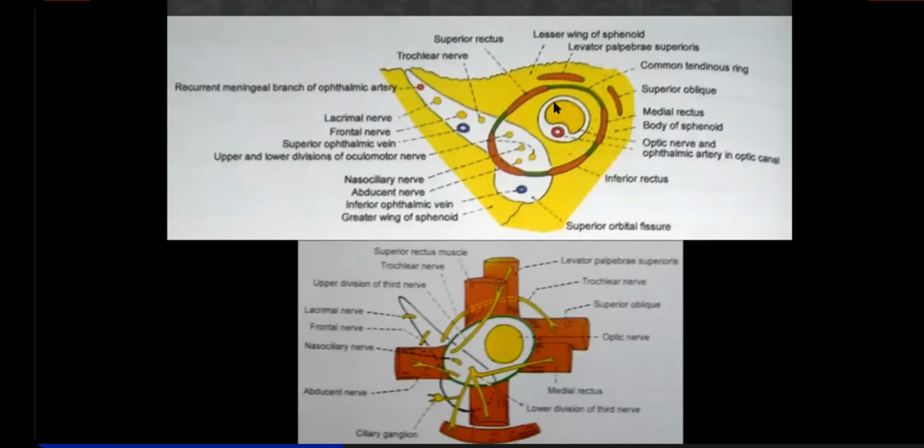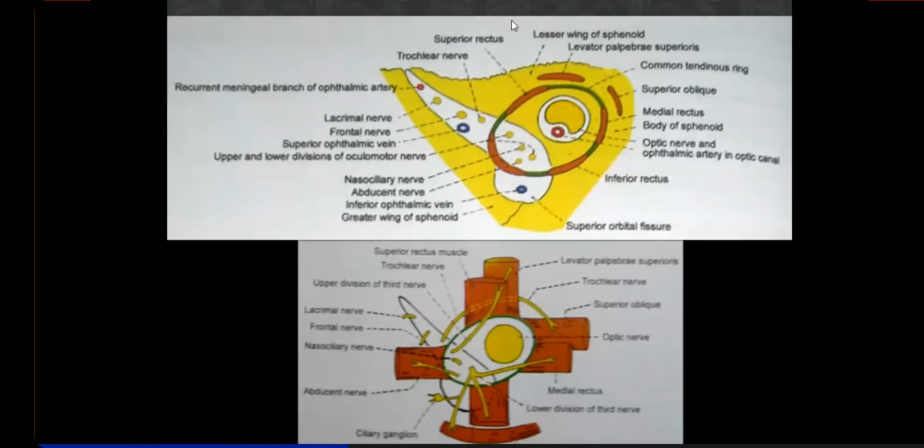Just again a revision about the optic canal. Who will tell me the transverse section of the optic canal at its opening within the middle cranial fossa, at its opening in the orbit, or at the midsection of the optic canal? There were different shapes. Yes, Akash, what you wrote was correct: infralateral to the inferior branch of the oculomotor nerve. We'll discuss that just now. But what I'm asking is, what are the cut sections of the optic canal?